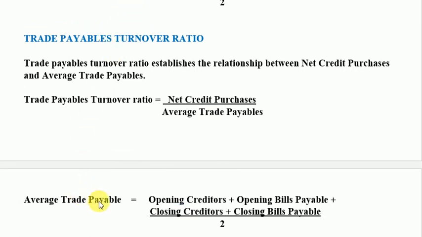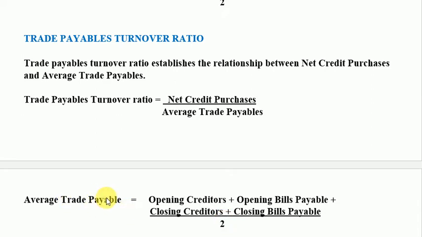Now, what is average trade receivable? I'm sorry, not trade receivable, it is average trade payables, equal to opening creditors plus opening bills payable plus closing creditors plus closing bills payable divided by 2. So when you have all these four separately given to you, that is opening creditors and closing creditors and opening bills payable and closing bills payable, at that time you will add these four together and divide it by 2 to arrive at average trade payables.